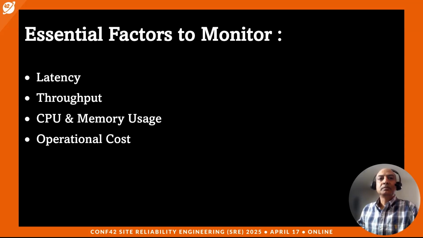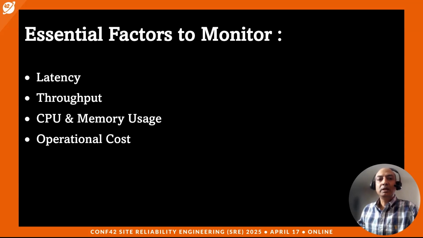Throughput. This is how many requests or transactions your system can handle per second. A high throughput means better stability and more efficient resource utilization. CPU and memory usage. Monitoring these tells you how your infrastructure is being used.